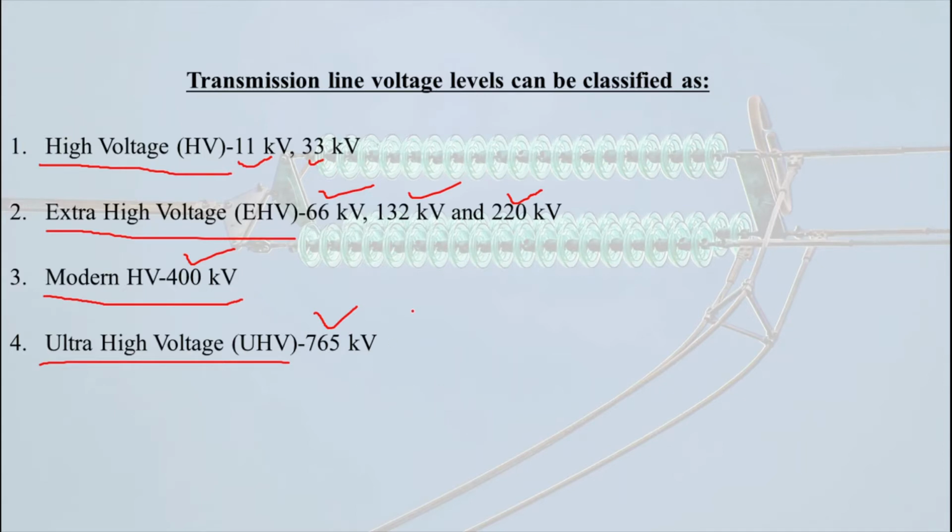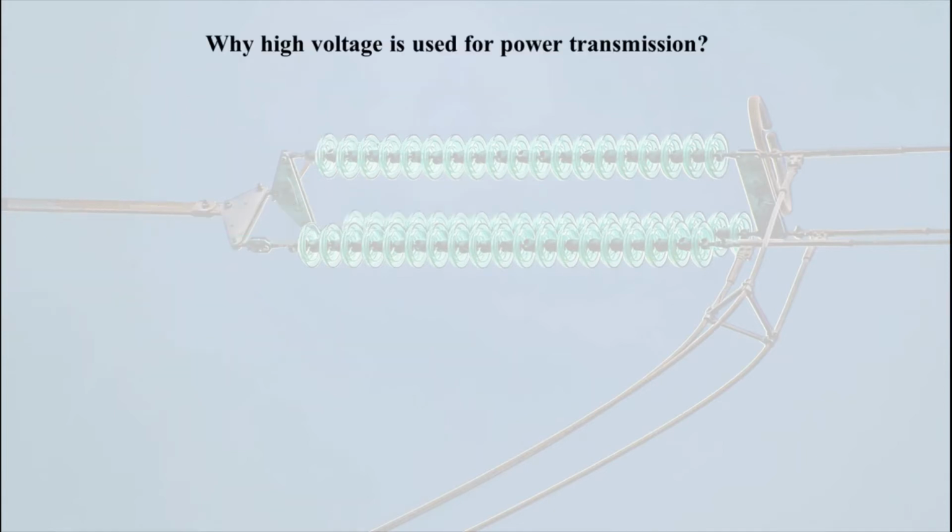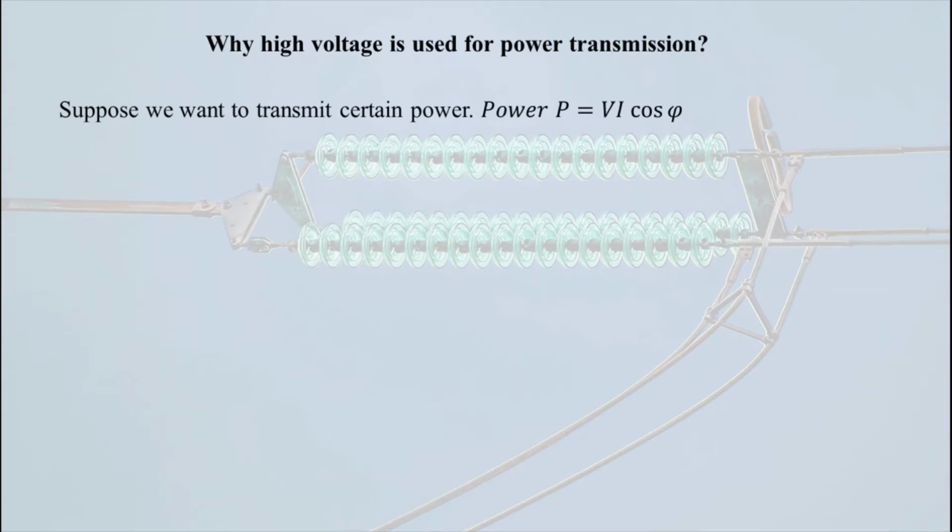In my second lecture, I told you that high voltage power transmission is very advantageous. But here in this video, I am going to explain why high voltage power transmission is advantageous. Suppose we want to transmit a certain power P and we know that P equals VI cos phi. So we can write this expression as I equals P by V cos phi.